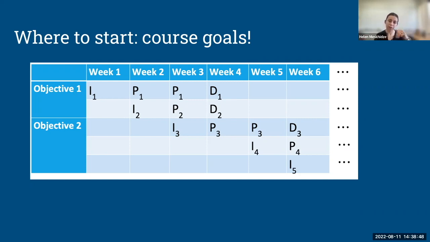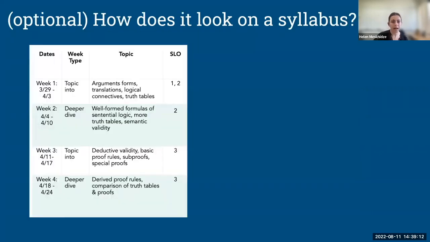So they're demonstrating the first course goal, but they're also practicing the second one at the same time. So you can overlay the IPD parts of each of your course goals as you wish, but just make sure that for each goal, there's time when they're introduced to it, time when they practice it, and time when they're demonstrating it.